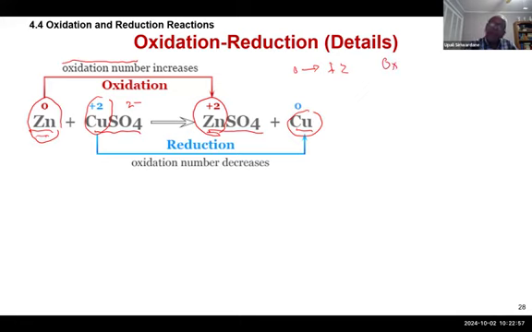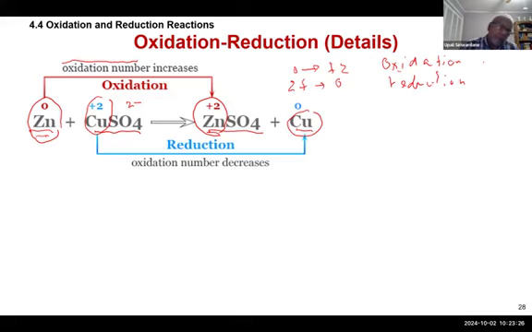That's oxidation. If it goes from +2 to 0, that's copper. That's reduction. We also use the change in oxidation number to indicate oxidation and reduction.